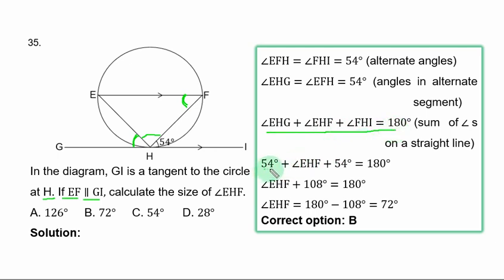You replace the other 2 angles with their respective values. If you add, you get this result. If you make angle EHF the subject, you have 180 degrees minus 108 degrees, and that is 72 degrees. B is the correct option.